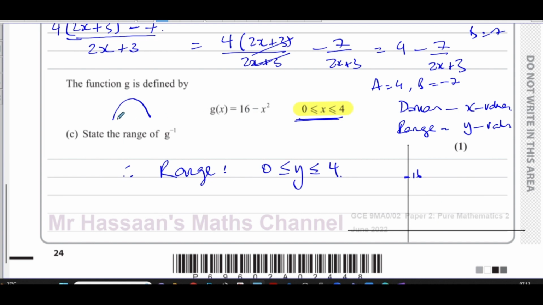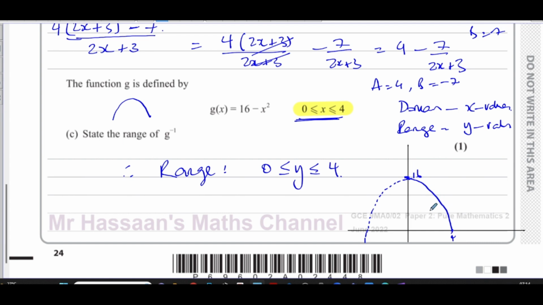Well, it would cross at -4 and +4, because when y is equal to 0, you have x squared equals 16, so x equals plus or minus 4. But because this only exists between 0 and 4, it's only going to be on this side. So the actual function, if we were to draw it fully, would go like this. But because we are starting at x equals 0, it's only going to exist between 0 and 4. So that's 4 here, and that's 16 there.